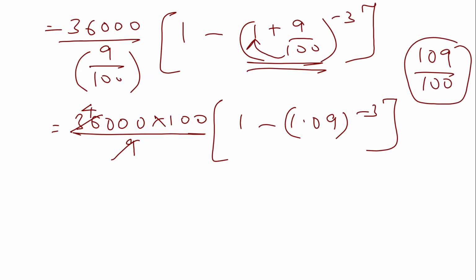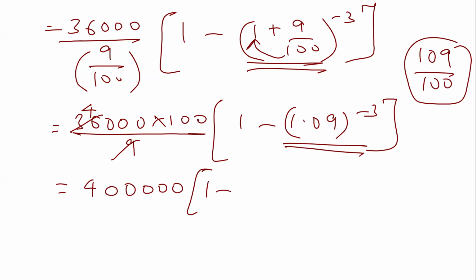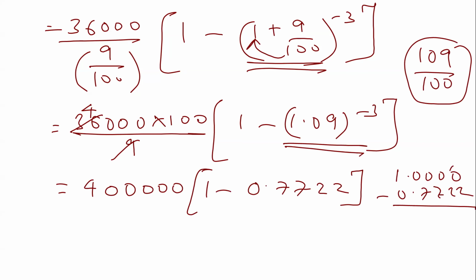Okay, all this is basics, I guess. Now 1 minus, this value is given to you in the problem, so that is 0.7722. So 1.0000 minus 0.7722. If you subtract this using the normal subtraction method, this will be 0.2278.